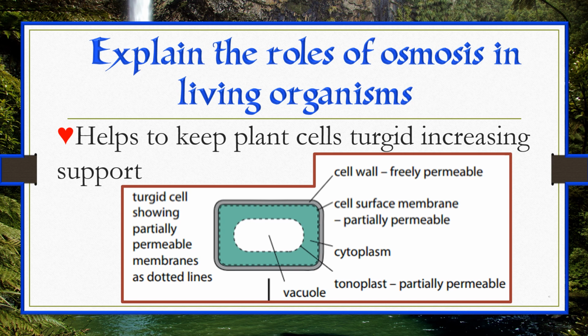And when the cell is turgid, that means that now it can provide support to the plant. But what brings about turgidity is the movement of water into the cell by osmosis. So osmosis helps to keep the plant cell turgid and thus increases support.